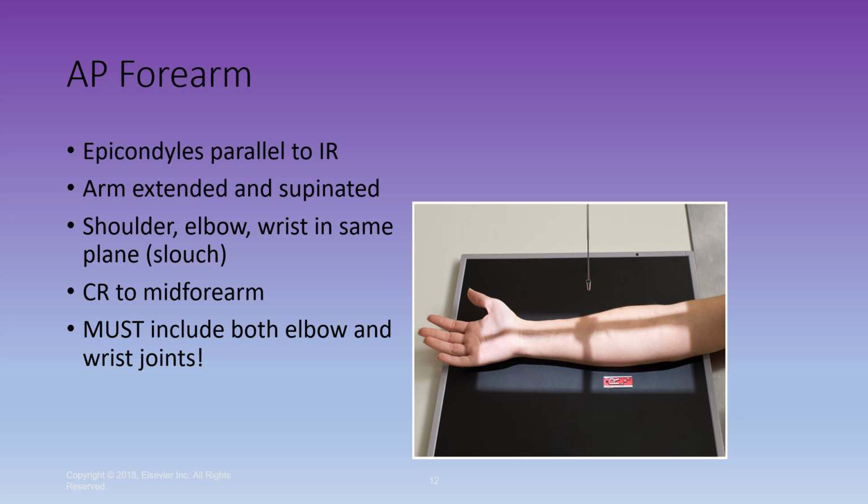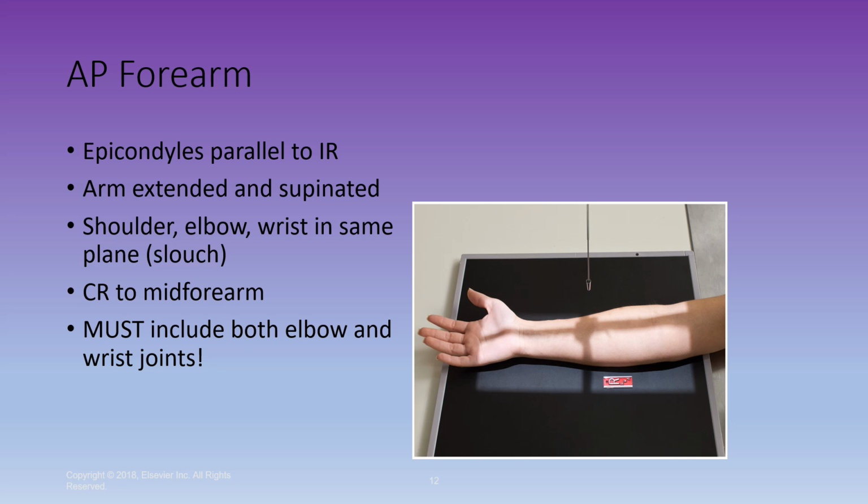You basically, remember, have to include the wrist and the elbow joint. And then you want the patient to place their entire wrist, forearm, and elbow in as near a true frontal position as possible.